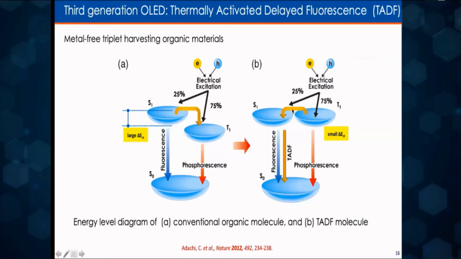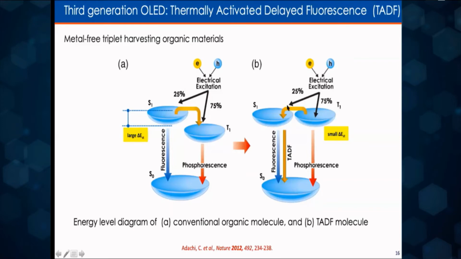This is an exciting concept where organic chemists have to play with how to minimize the delta EST. This itself is a challenging area where you have to rationally design materials. This is where my group is very actively pursuing, because we find it very challenging to use the concept of reducing the exchange energy and making use of a triplet.